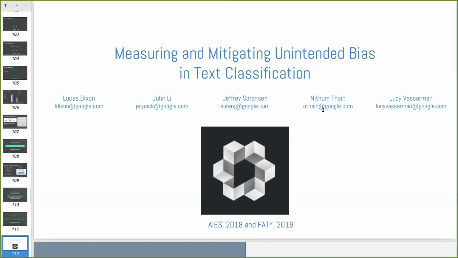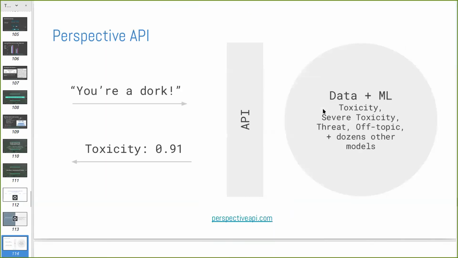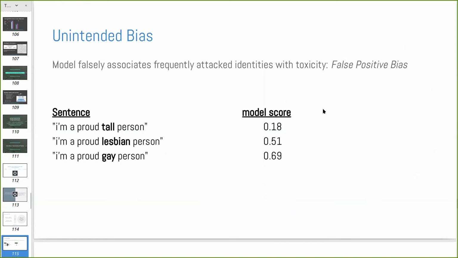Conversation AI toxicity. So here there are some research works. Let's say these are some sentences on the left, and what we have on the right is the toxicity score. For a sentence like, I'm a proud tall person, the toxicity score is 0.18, whereas for another sentence like, I'm a proud lesbian person, the toxicity score is 0.51.